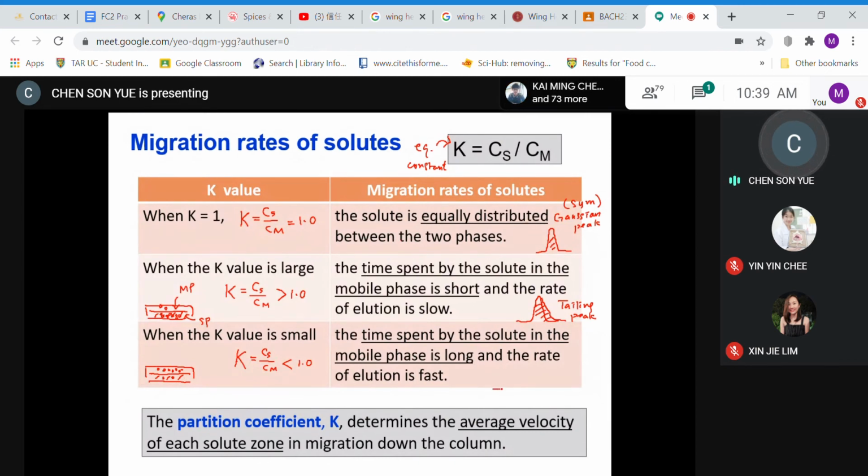If originally the signal is a symmetrical signal, what will happen because of more sample in the mobile phase? Remember, if the sample is in the mobile phase, it will come out faster. Faster means you get a broader peak in front, and it's called what? It's called fronting.